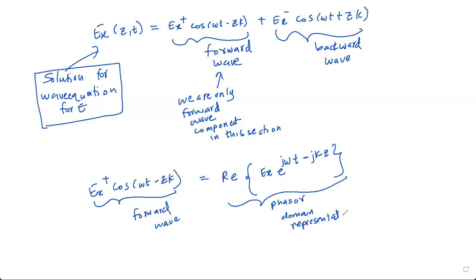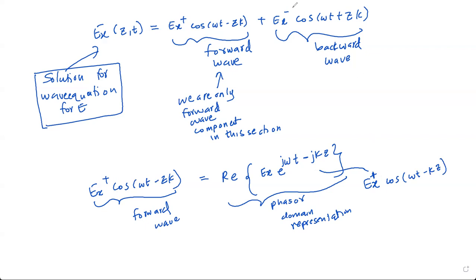So why do I say that this is a forward phasor domain representation? How can I expand this? Once I expand it, I have Ex cos(omega t minus kz) as the real part of the complex number that I can write for this expression. Since this is going in the forward direction, I put the plus sign.